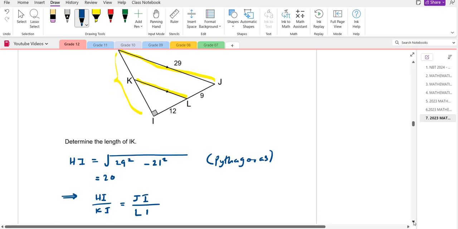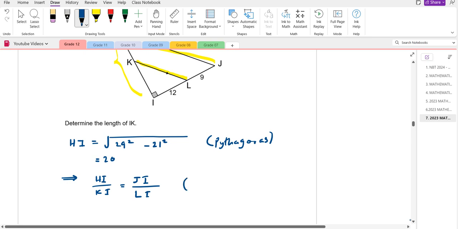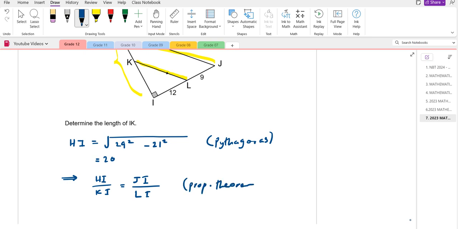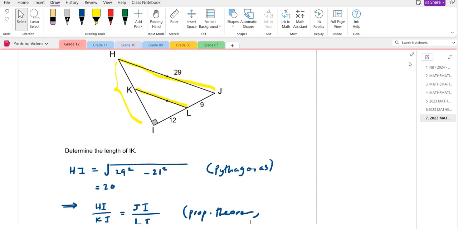And this is because of the proportion theorem. And why is it the proportion theorem? Because the two lines are parallel. You must write parallel lines. KL is parallel to HJ. Right, so we have the answer.